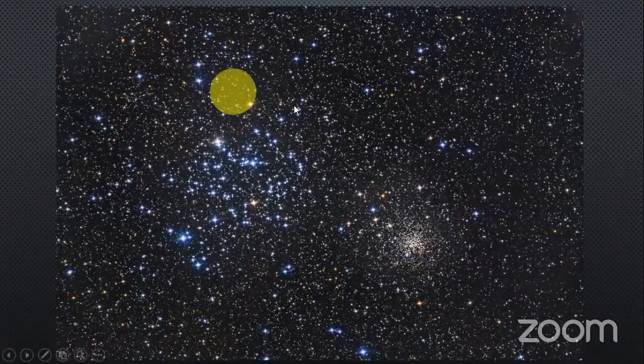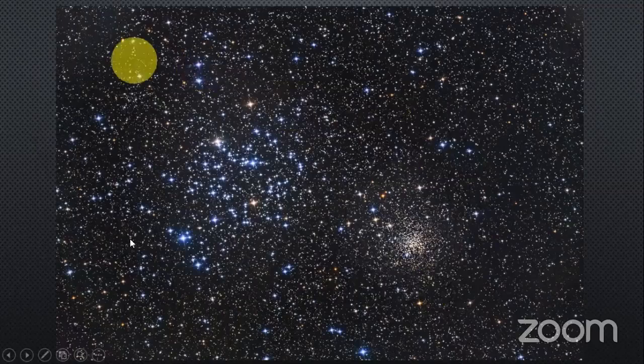So here is a picture of the sky showing some stars. If you observe this picture very well, you will see there are some regions where some stars cluster together. Look at this region. Stars cluster around here.